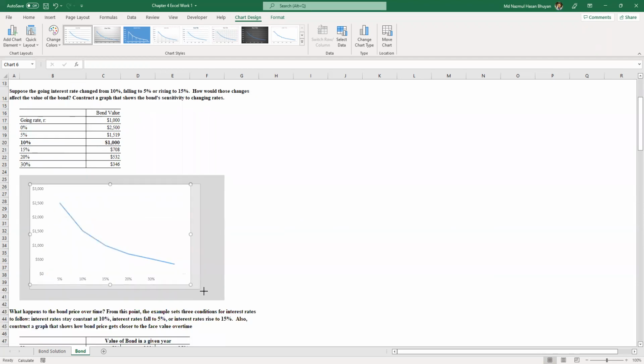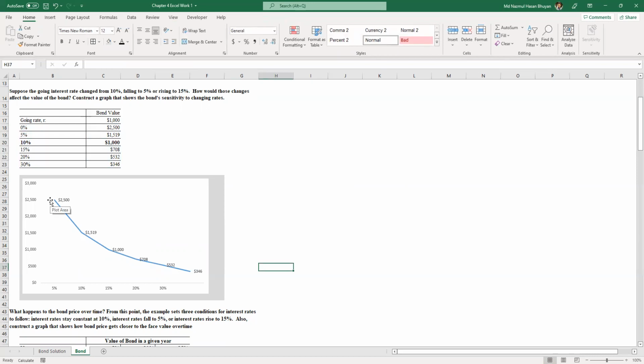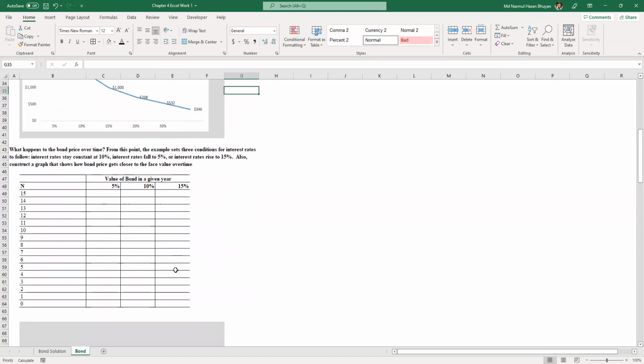Now here, what we can see, as interest rate goes up, bond price goes down. So there is a negative relationship between the market interest rate or yield to maturity and the market price of the bond. Okay.